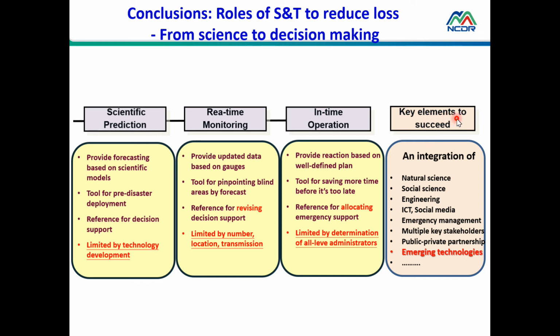So the key element to succeed, here I emphasize, is to try to integrate all kinds of science and technology from natural science, social science, engineering, ICT, social media, and never forget emerging technology. Some technology we are using today could be very valuable to us tomorrow.